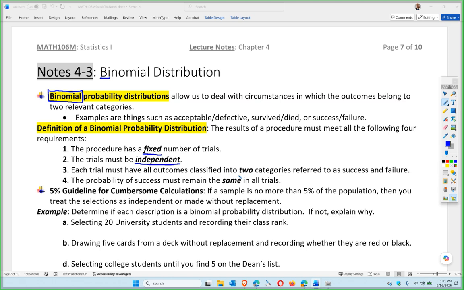You must have 2 categories, hence the bi, right? One of 2 things. And the probability must be the same at all times, so it can't keep changing after each one, right? Which does play into the independence, but it can also change. So keep in mind if you're doing a population, the 5% rule. So you don't have to worry about replacement at that point once it becomes a population.